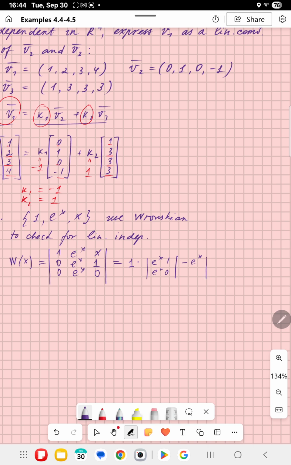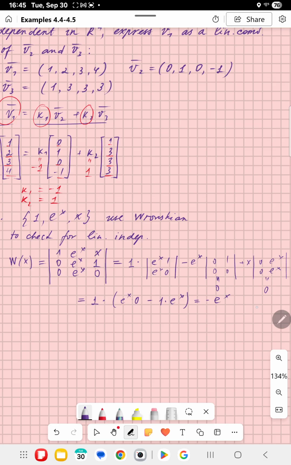Then minus, and we are going to have a determinant of 0, 1, 0, 0, and the last one is plus x times the determinant of 0, e to the power of x, 0, e to the power of x, whatever is left over when you cross out, so the minor of x. Well, this determinant is going to be equal to 0 because it has a column of 0. This determinant is also equal to 0. And for the last one, we are going to have 1 multiplied by e to the power of x multiplied by 0 minus 1 multiplied by e to the power of x. If we multiply everything, we are going to get minus e to the power of x.